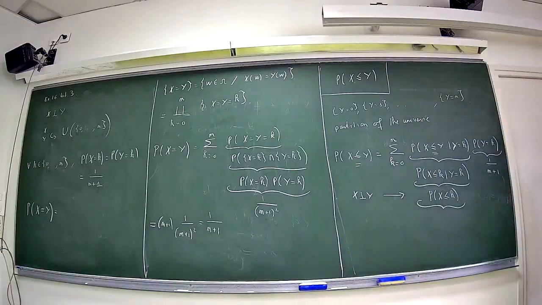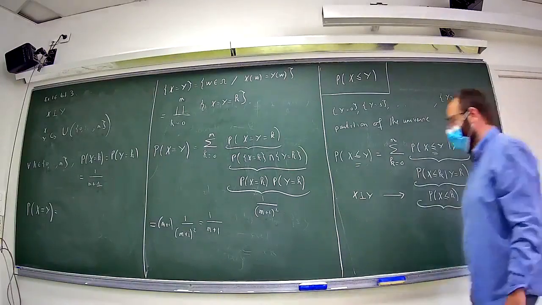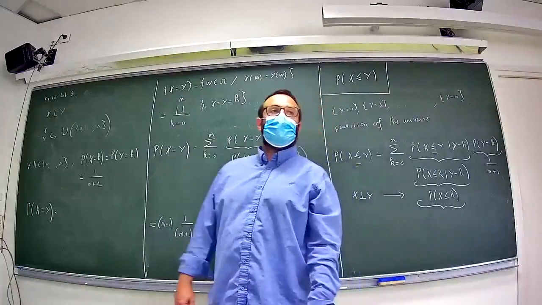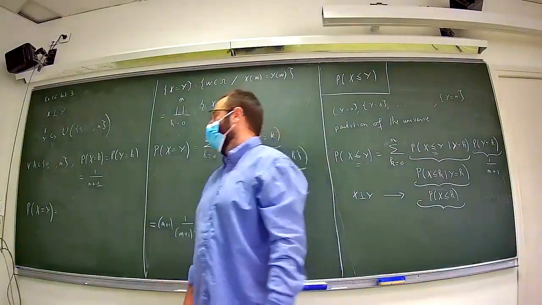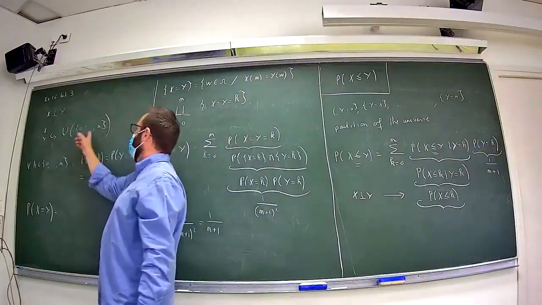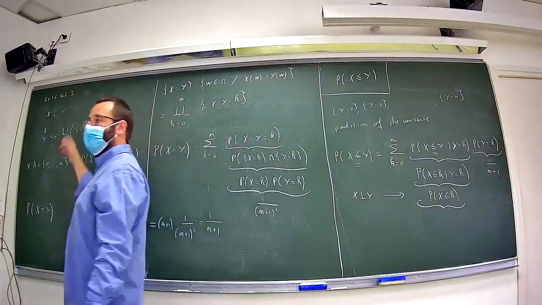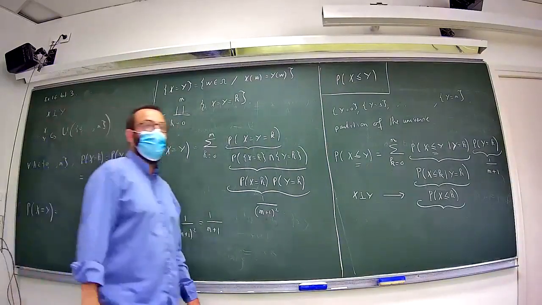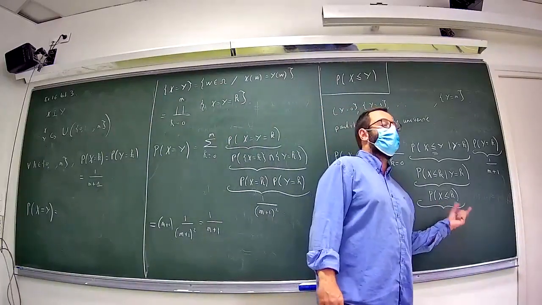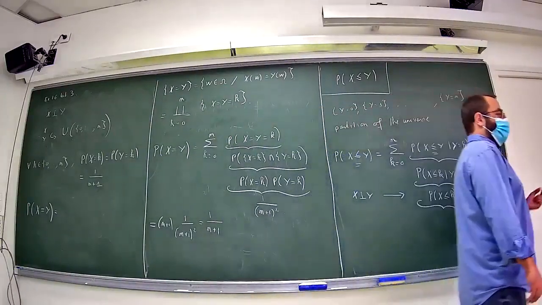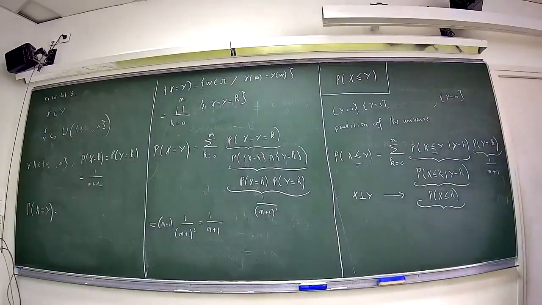It can be 0, 1, 2, until k. How many possibilities? k plus 1. I have the k plus 1 first numbers that satisfy this condition.